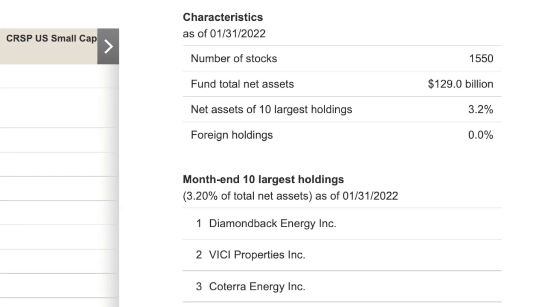And something that I personally thought was interesting is when you look at something like a VTI or a VOO, these have the big mega cap names in there, and those obviously make up a big chunk of the top 10 holdings. In this fund, the top 10 holdings only make up 3%, which is pretty small in comparison to those others. And I think it makes a lot of sense because these are obviously smaller companies.